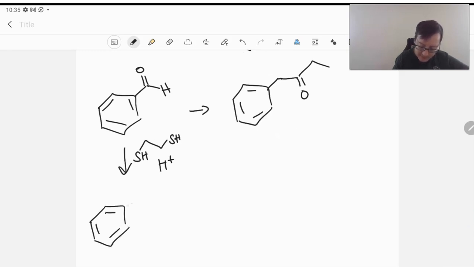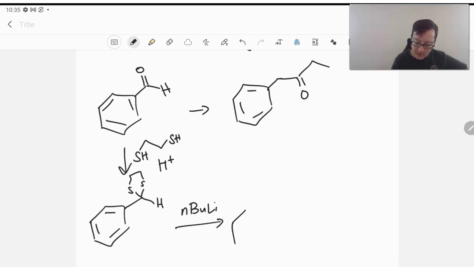Usually we would prefer the 6-membered ring, but apparently I'm making the 5-membered ring today. So we have our sulfur there. What we can do is, again, we use the butyl lithium. We'll turn this into our nucleophile now.